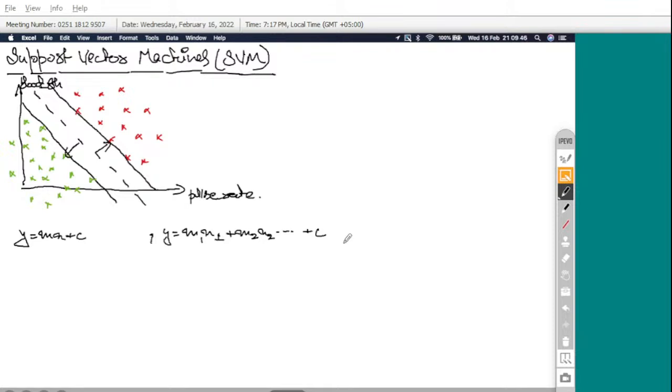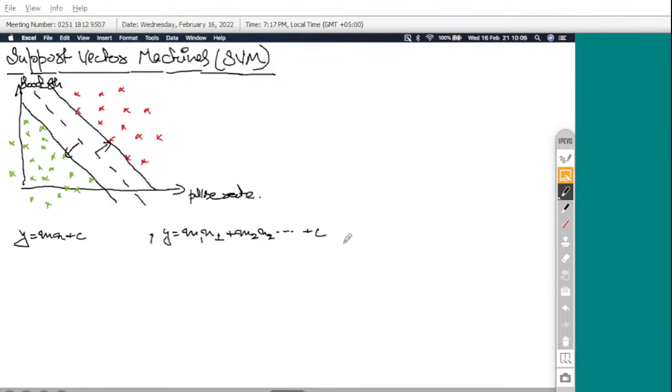Their mechanics and mathematics are about vector algebra. That's why they are called support vector machines. They can be used for binary classification and multi-class classification as well.